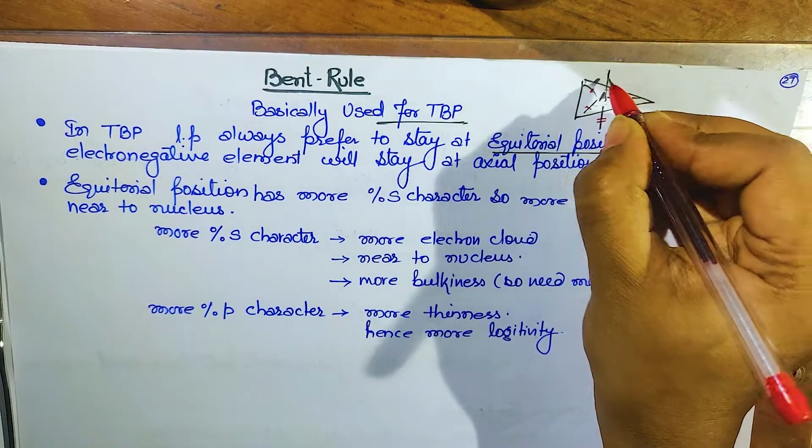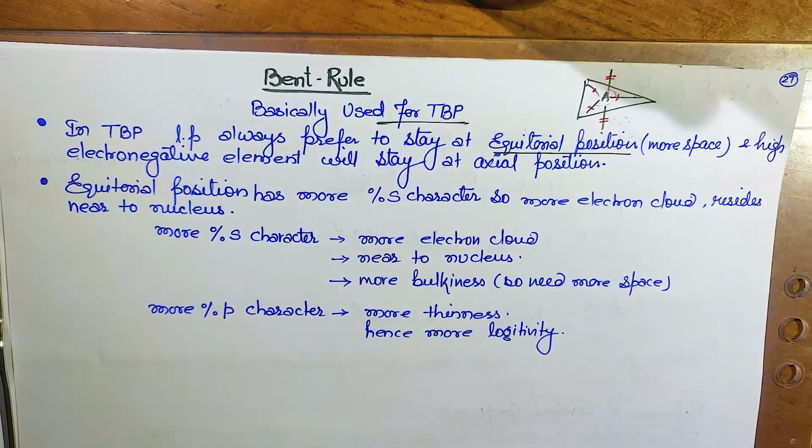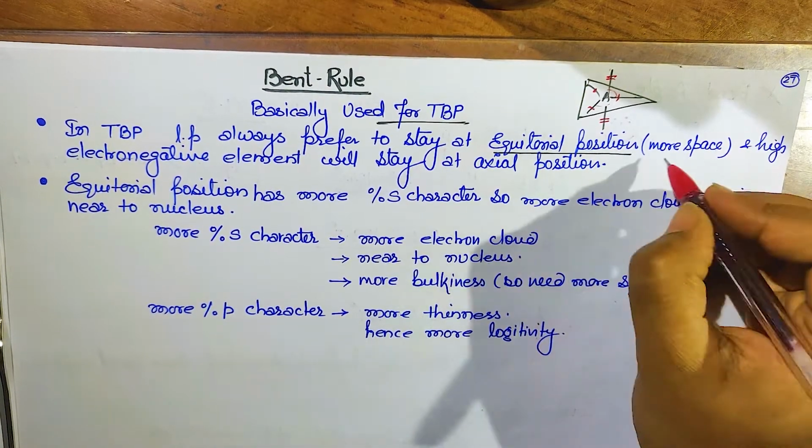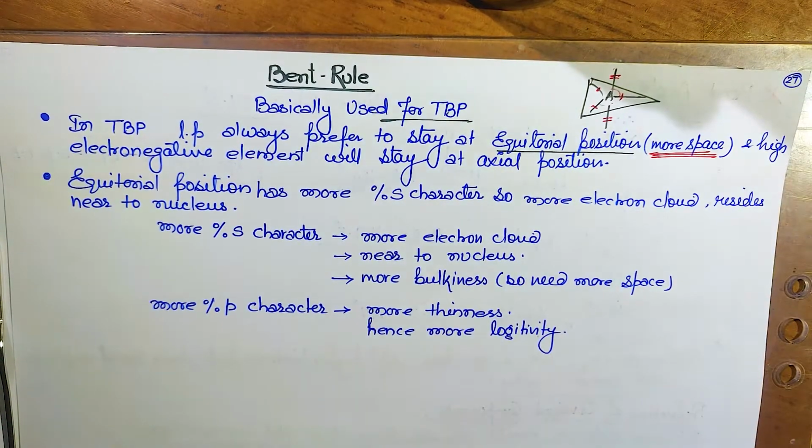The axial position is this one. So all the highly electronegative elements we will keep on the axial position, while if a lone pair is there in the compound, we will put it on the equatorial position. I have explained that because there is more space, it is easily accommodated. Few more reasons are there that I am going to tell you.